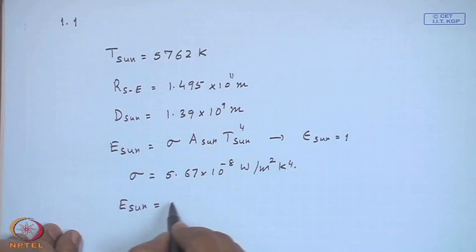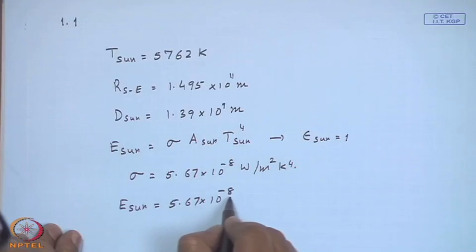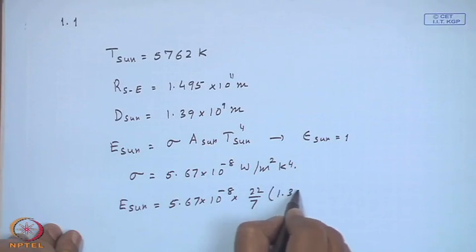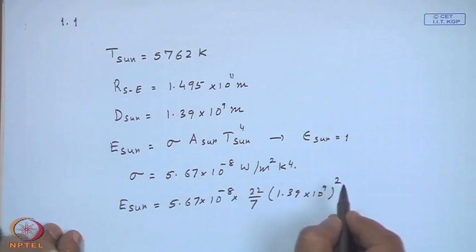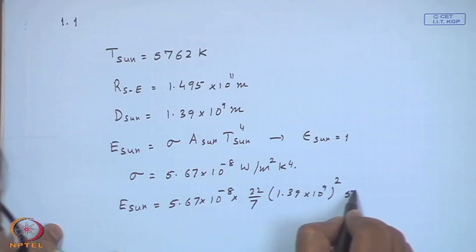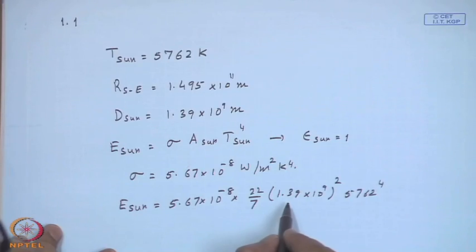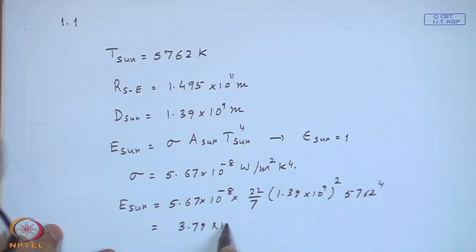So, E sun is 5.67 times 10 to the power minus 8 into 22 by 7, that is pi, times 1.39 into 10 to the power 9 whole squared, that is pi d squared, into 5762 to the power 4, that is sigma times area of the sun times T of the sun to the power 4, which shall be equal to 3.79 into 10 to the power 26 watts.